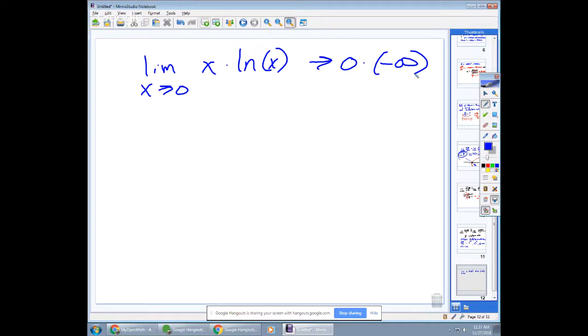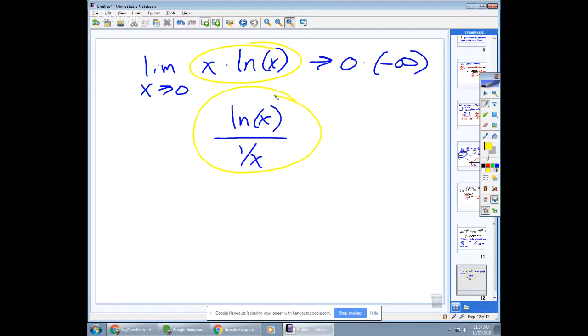So this is not L'Hopital's rule. However, check this out. Multiplying by x is the same as dividing by 1 over x. Because you can go the other way: dividing by 1 over x is the same as multiplying by x. So this is algebraically equal to that. Now let's take our limit.